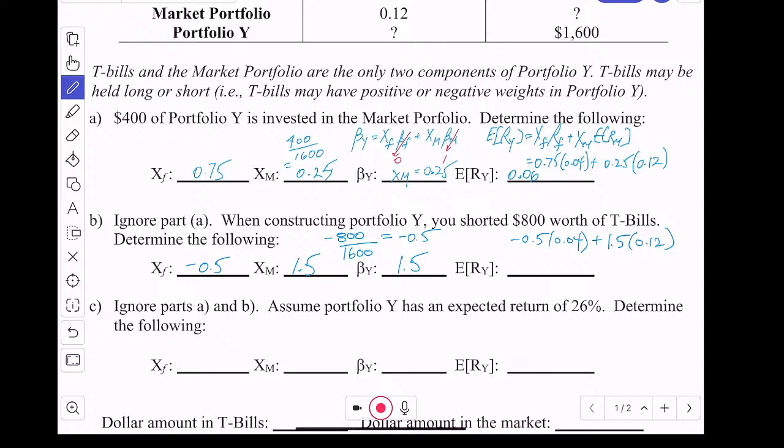And you see this is so much higher than the market portfolio itself. We've expanded beyond the 12% by shorting T-bills. Higher risk than the market portfolio, right? 1.5 more sensitive. But the return is higher as well.